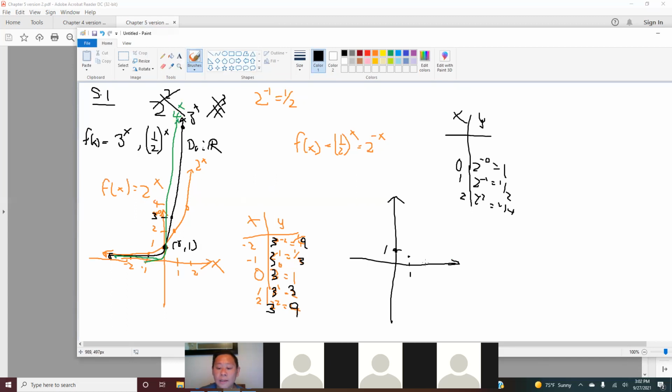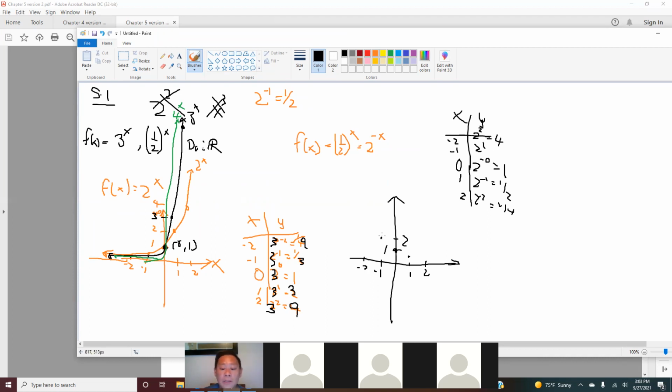So you find out that this is getting lower or smaller on the right side. What happens when you plug in negative 1? This will become 2 to the 1 because double negative will make it positive. So at negative 1, this is at 2. And if you plug negative 2 in here, we will get 2 to the power of 2 because double negative is positive, which is 4.